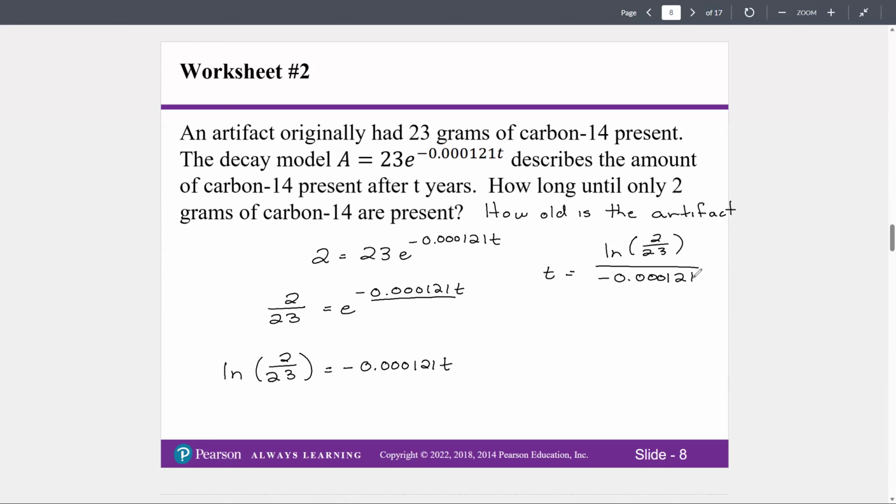So we need the natural log of 2 divided by 23, which is going to be negative itself. So when we divide by a negative, we should get a final answer that is positive. So we get T is, so we expect the item to be 20,000 years old.